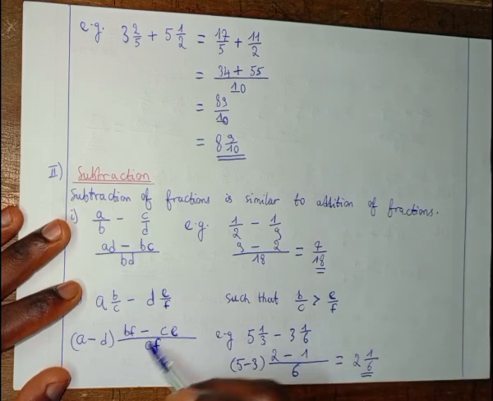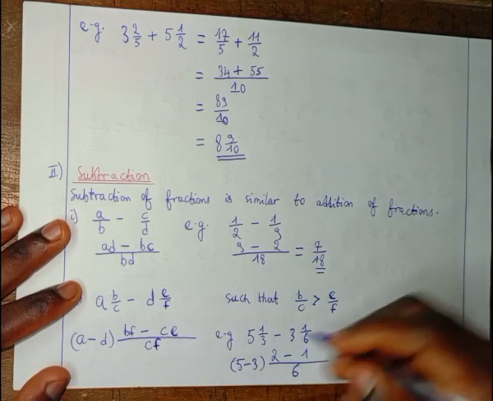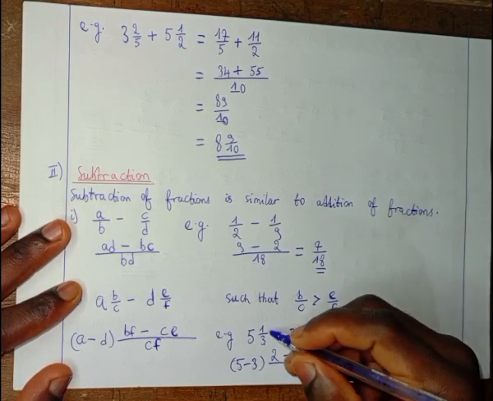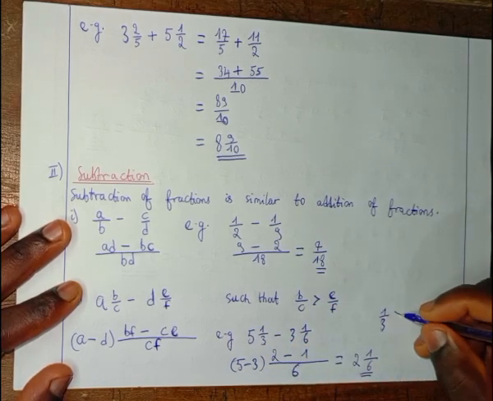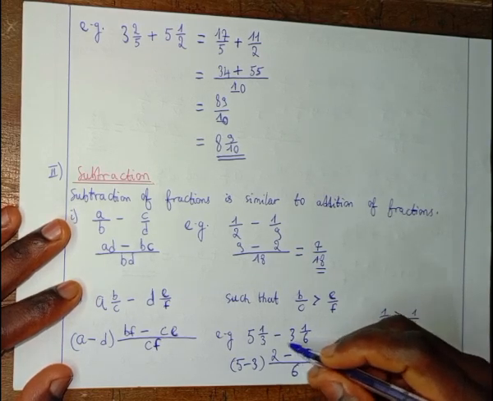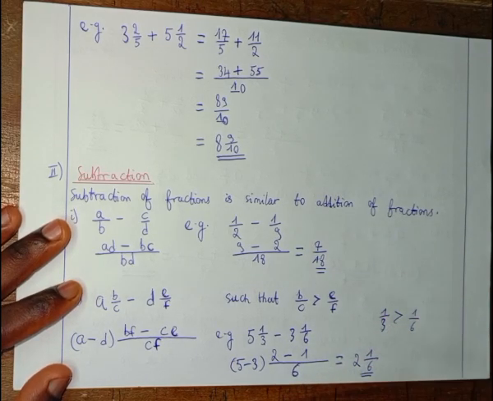In this case, we are making use of this because 1/3, which is the proper fractional part of the first fraction, is greater than 1/6, which is the proper fractional part of the second fraction.